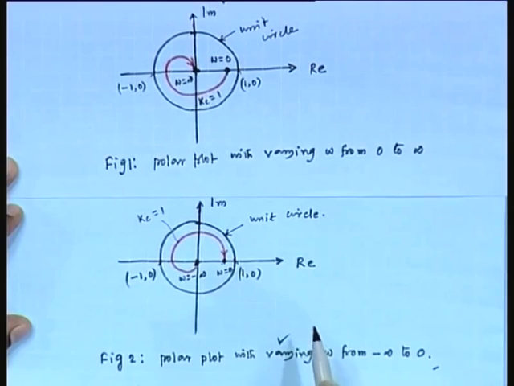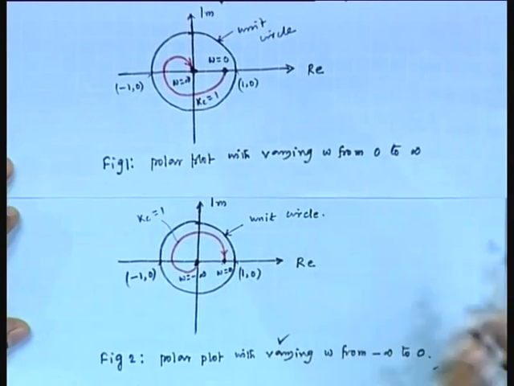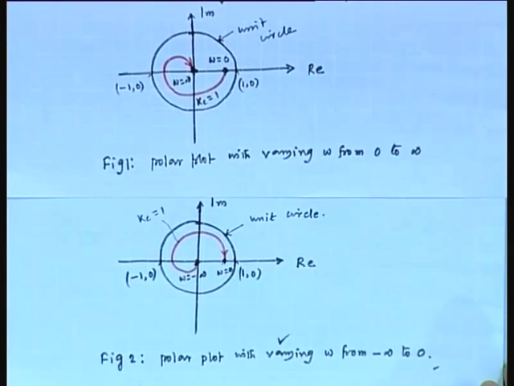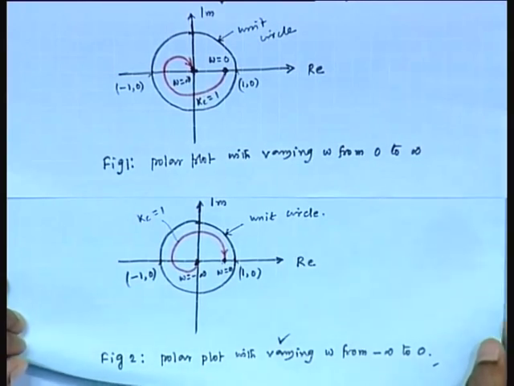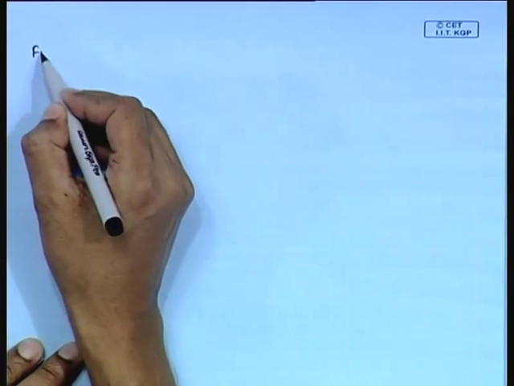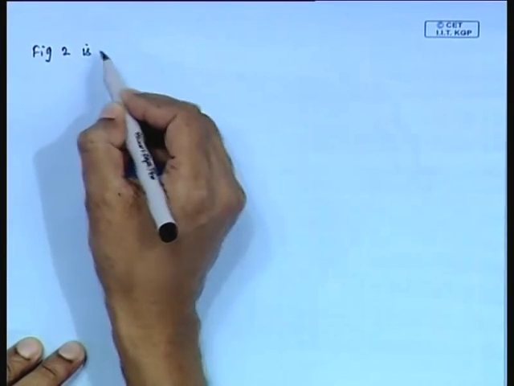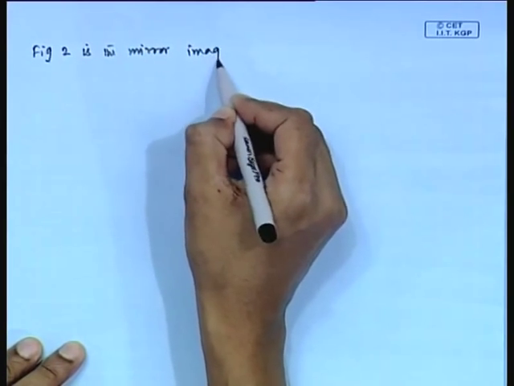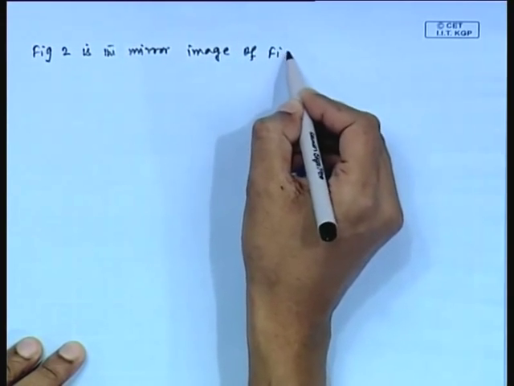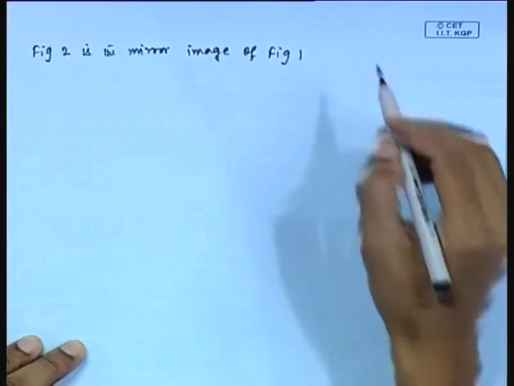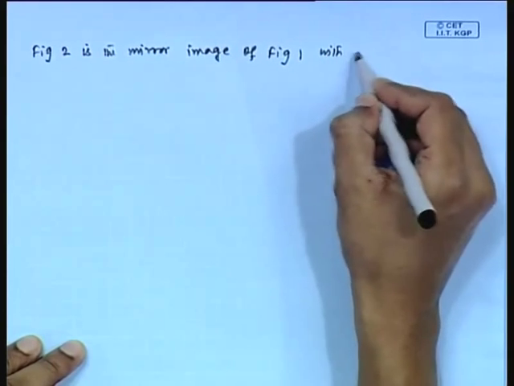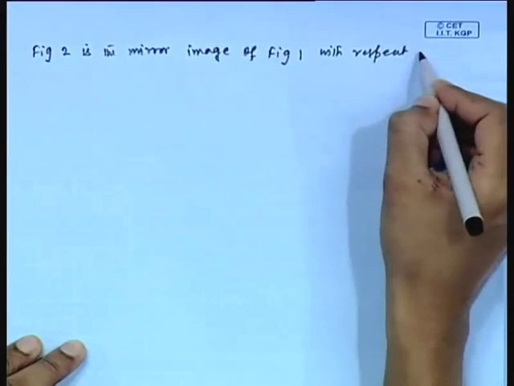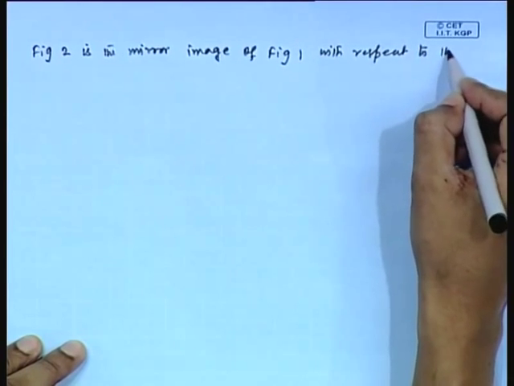It can be observed that figure 2 is the mirror image of figure 1 with respect to the real axis.